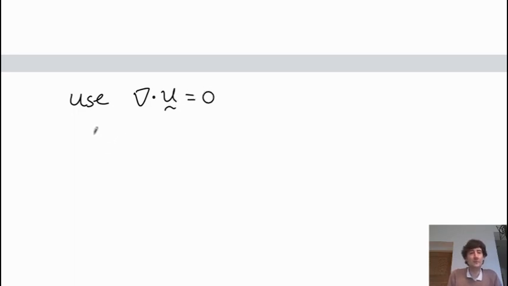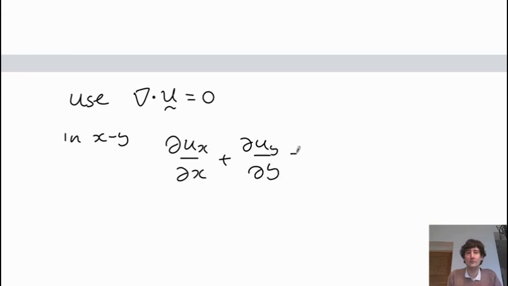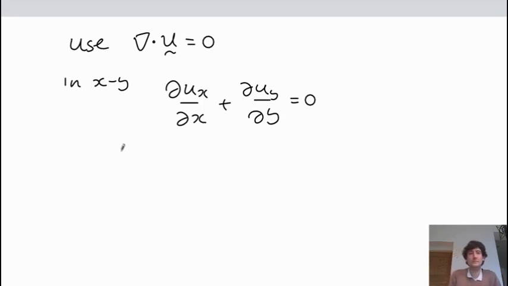And so this means that we can write in 2 dimensions, in x, y, that dux by dx plus duy by dy is equal to 0. Then we differentiate this in time. There's a few slightly strange steps, but bear with me for this.